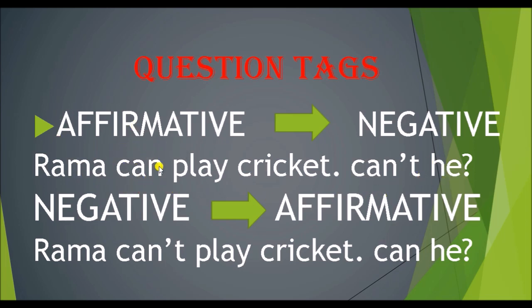Affirmative statement, negative tag. The word "can" is an auxiliary word, so we put a negative auxiliary in the tag. Rama can't play cricket, can he? Negative statement, affirmative tag.